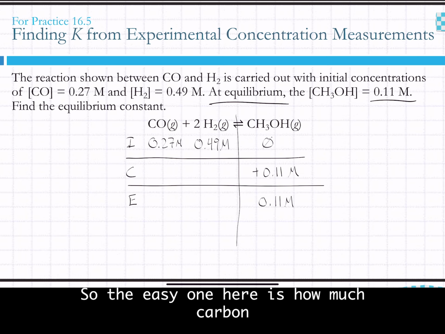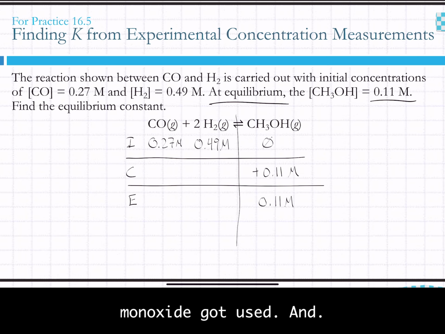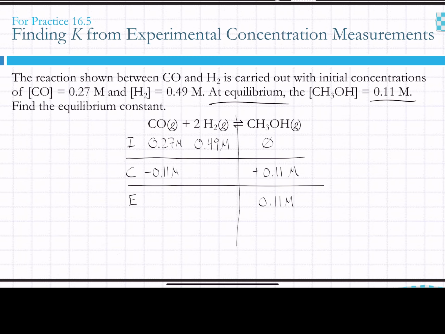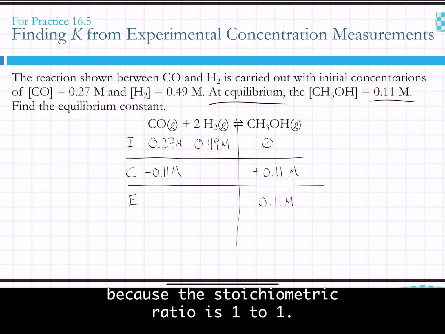So the easy one here is how much carbon monoxide got used. So we used up 0.11, so this decreases, or make it negative, 0.11 molar. That one's easy because the stoichiometric ratio is 1:1.